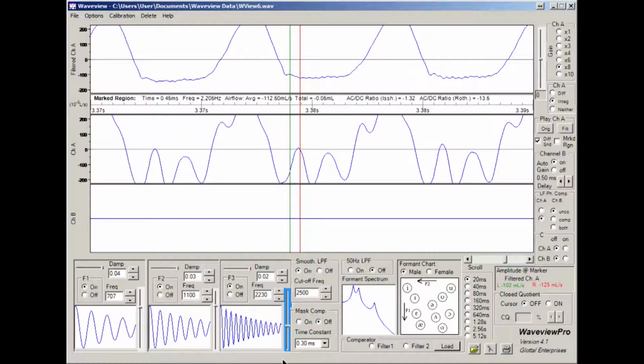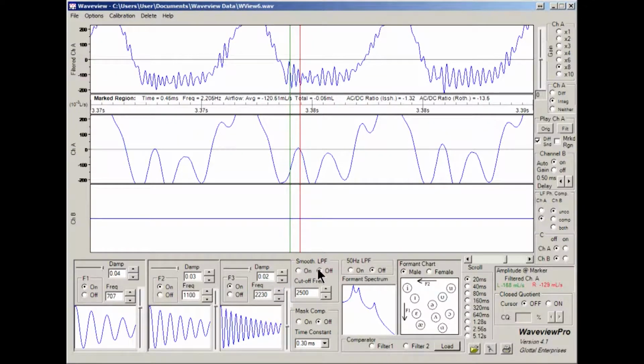Now, what's left, the remaining oscillations, are the fourth formant, and if we turn off the low-pass filter, we can see the fourth formant.